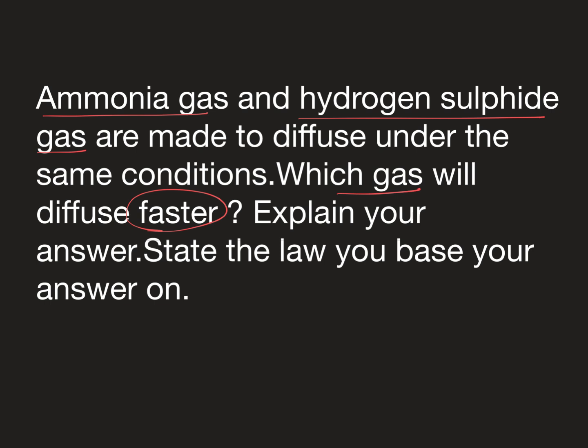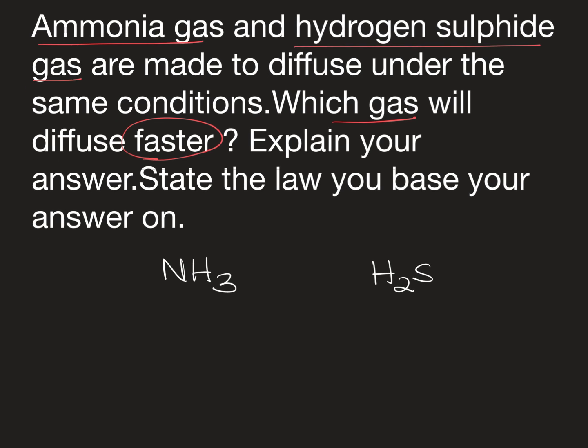So here we have two gases, ammonia gas, which is NH3, and hydrogen sulfide gas, which is H2S. We want to determine which of these two gases is going to diffuse faster, okay, at the same condition. And when we talk about the same condition, we are talking about the same temperature and pressure. So which of the gases will diffuse faster?